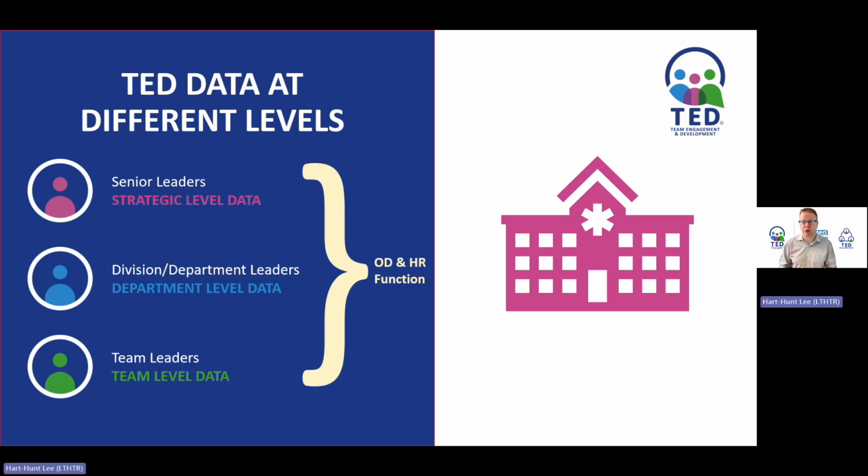As OD and HR practitioners, it's likely that we're looking at all these different levels of data, and we need to be able to zoom in and zoom out of the data within our TED platform to be able to support different areas of our organisation, both at a team level, departmental level, and at an organisation level.